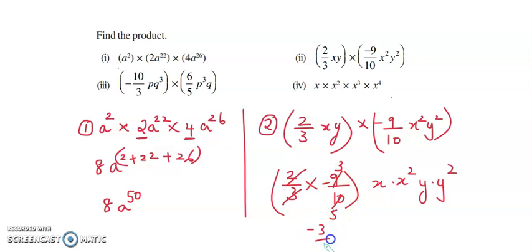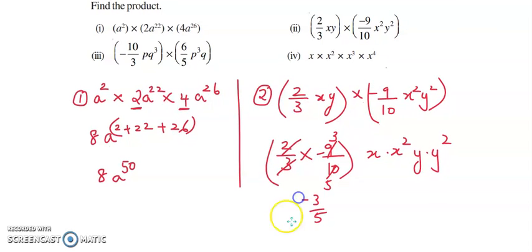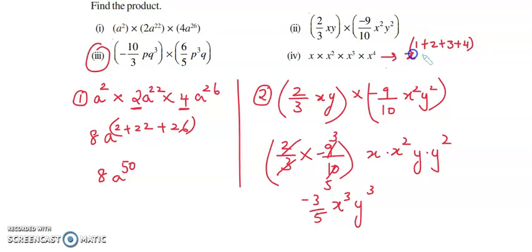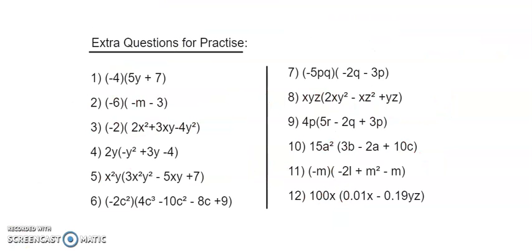So what we are getting? Minus 3 by 5, right? Into x cube y cube. Correct? Similarly, the third I'm leaving for you. The fourth is a direct answer, x to the power 1 plus 2 plus 3 plus 4. All the powers will add up and you will get x to the power 10. Clear? Right?